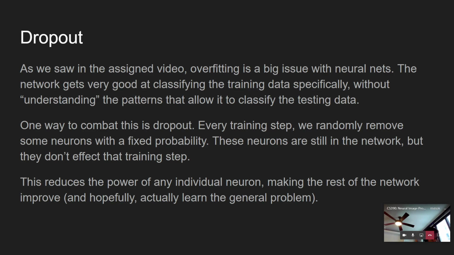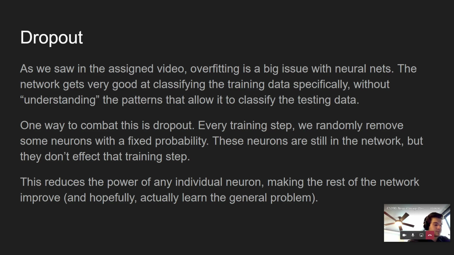So what we're going to do with this is every training step, we're going to randomly remove some neurons with a fixed probability. We're going to set some probability, a lot of times it's 0.1 or 0.2. And with that probability, we remove specific neurons just for that training step. When we do our forward pass, they don't fire, regardless. They're going to output 0 every time.